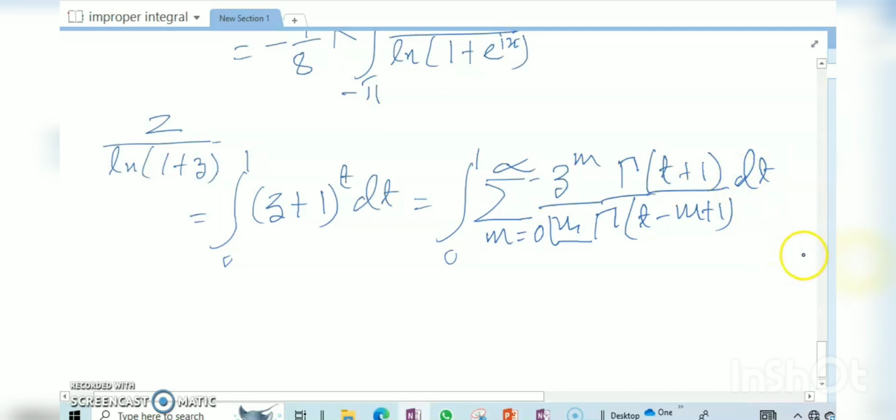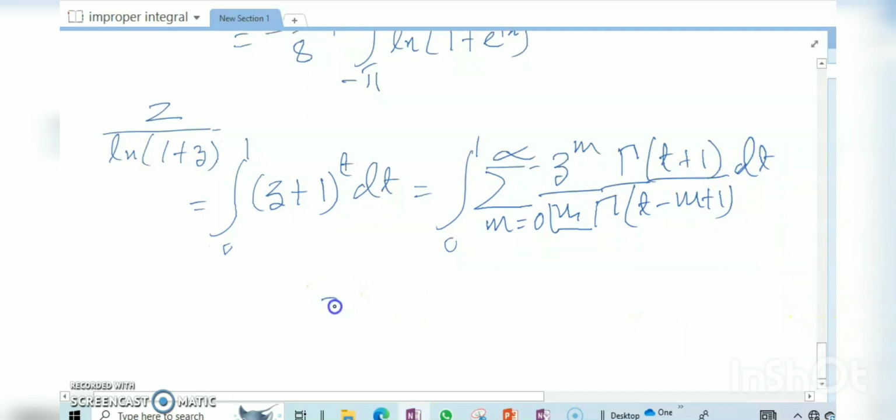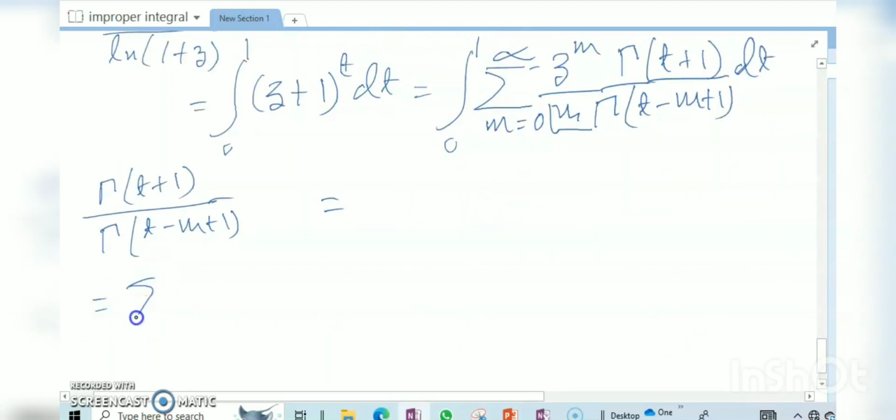Okay, so this value, gamma t plus 1 divided by gamma t minus m plus 1, can be written as summation s equals 0 to infinity, s1 m comma s, t to the power s.